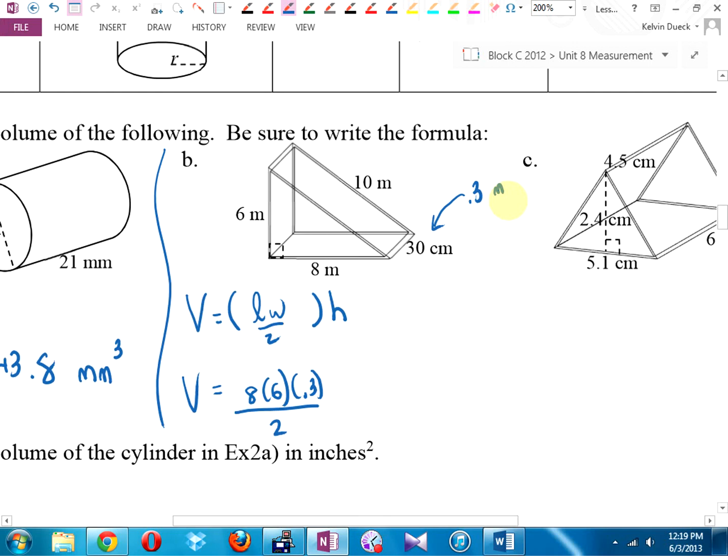On the provincial, I don't think they'll try and trip you up with units in a cheap way like that, but just in case, we did one. 8 times 6 is 48, divided by 2 is 24, times 0.3 is the answer, 7.2? Yeah? That's pretty good. Units, meters cubed.